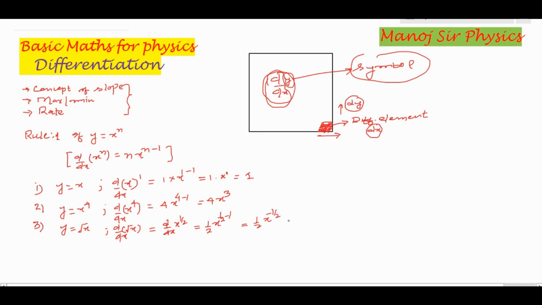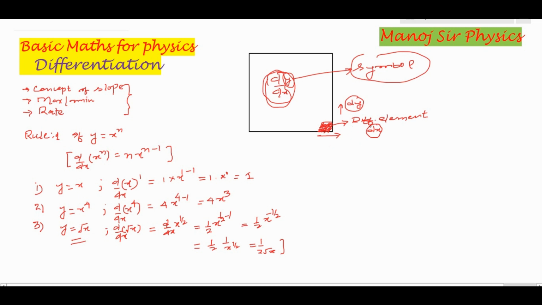Finally, it will be 1 by 2 times 1 upon x raised to power half, and in future I can remember it as 1 by 2 root x. What is the standard result when you differentiate root x? That will be 1 upon 2 root x.